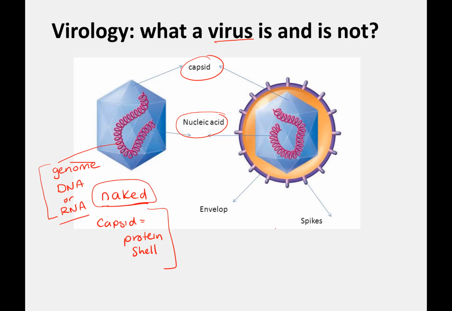Enveloped viruses, which is this type, means that this thing in purple is a phospholipid bilayer. And when we talk about how viruses exit the cells in the next lecture about the replication cycle, you'll see that this phospholipid bilayer is basically stolen from the cell membrane, either part of the endomembrane system or the outside plasma cell membrane.